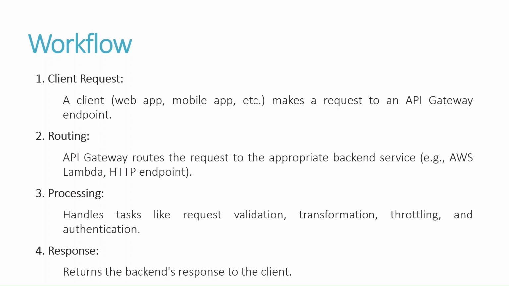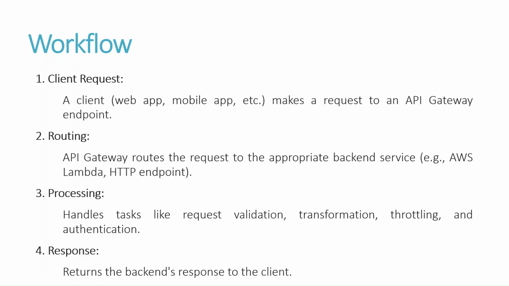And the second step is routing. So API Gateway routes the request to the appropriate backend services like AWS Lambda or an HTTP endpoint. So API Gateway looks at the request and figures out where it needs to go. So it then routes the request to the correct backend service.